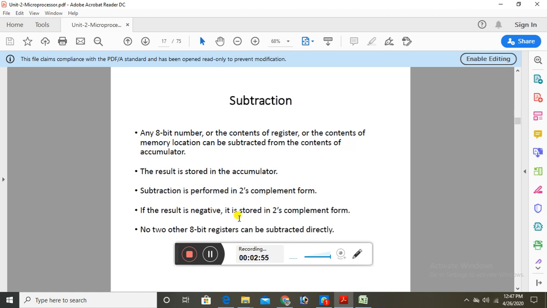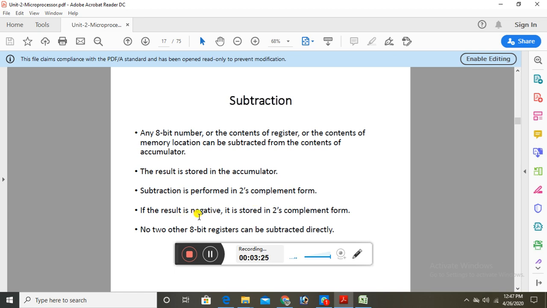Fine. Then comes subtraction. Any 8-bit number, the contents of a register, or the contents of a memory location can be subtracted from the contents of the accumulator, and the result is stored in the accumulator. In 8085, subtraction is performed in 2's complement form. I think most of the students know what 2's complement form is.